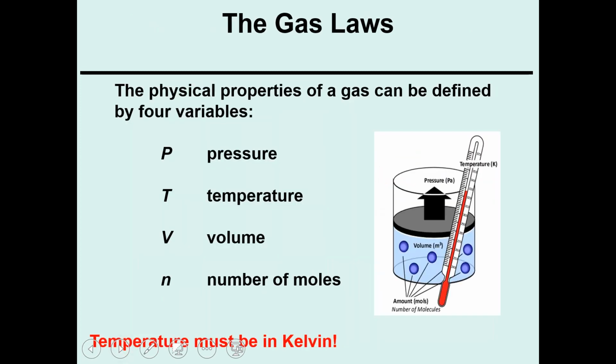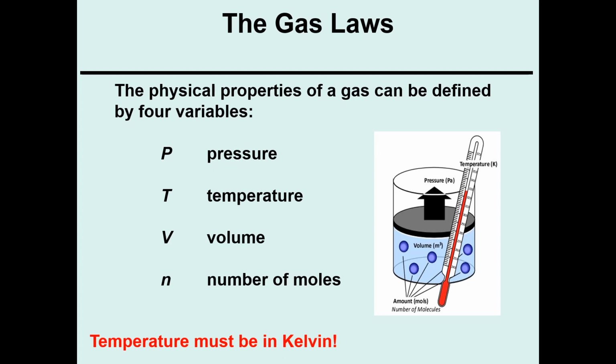So the four variables that we look at when we talk about gases and when we look at the gas laws are pressure, temperature, volume, and number of moles. And you can see we got very creative with the abbreviations for these. P is pressure, T is temperature, V is volume, and n is number of moles. We don't use M for moles because M can also be used for mass.